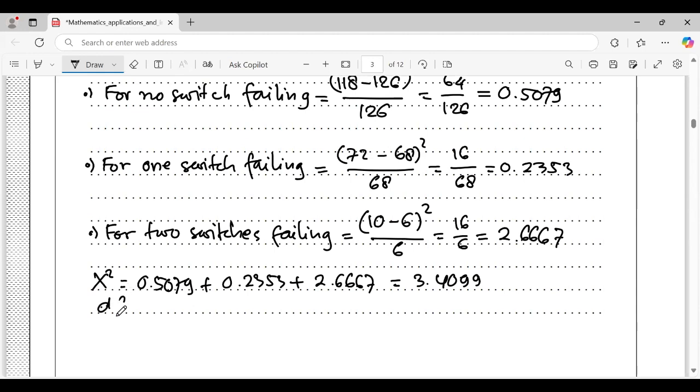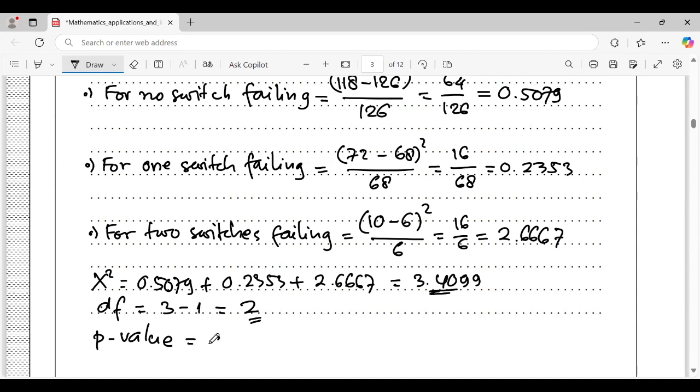And degrees of freedom is 3 minus 1, it equals 2. This is the degree of freedom. So it means p-value you may calculate on your calculator or on the chi-square table based on this information, that this is the calculation and this is the DF chi-square calculation.